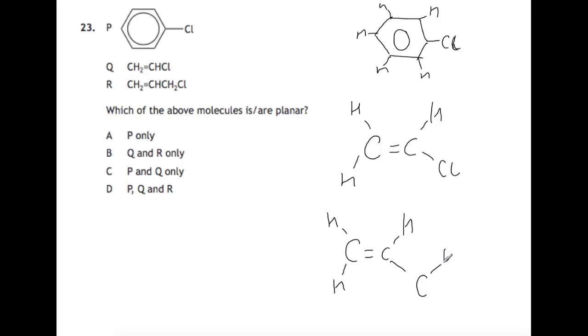However, if we draw this molecule, this side of the molecule here showing the shape, you can see that this group here has a three-dimensional shape based on a tetrahedral. So that means that R is not planar. So our answer is C, P and Q are our only planar molecules.